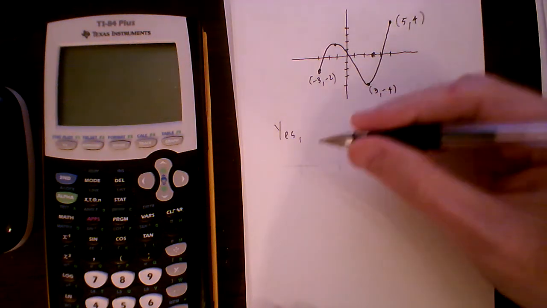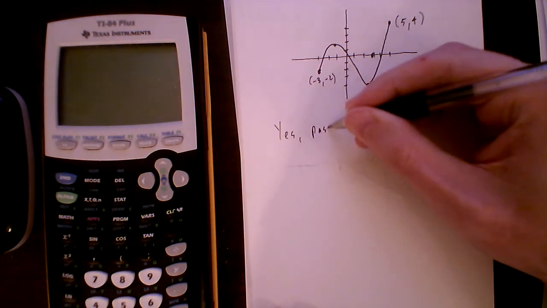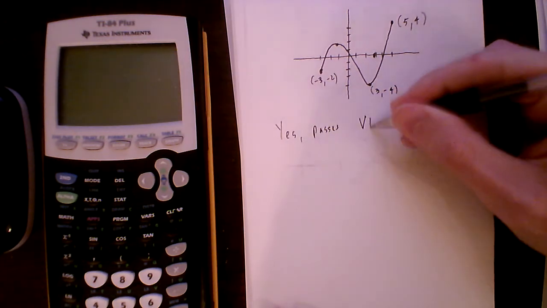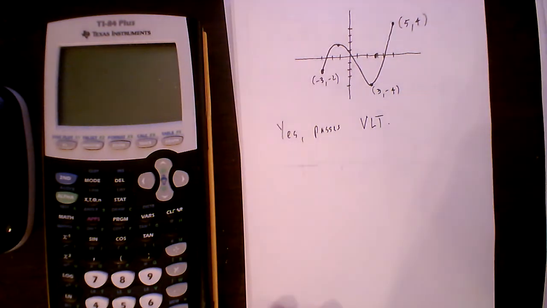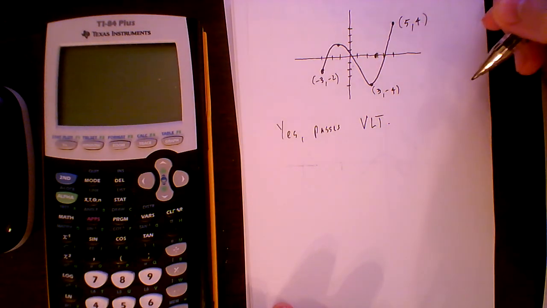So I would say that the answer to this question is yes, it's a function because it passes the vertical line test. And it's fine if you want to abbreviate that VLT, the vertical line test, something we'll use quite a bit in this first lesson or two. So fine to abbreviate if you prefer. It's never going to cross more than once in this particular graph.